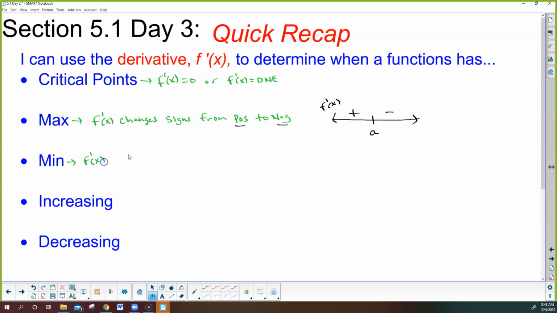So how do I know if a minimum exists? The derivative changes signs from a decreasing function to an increasing function, from negative to positive, right? So I always think of this, maximum went from positive to negative. You can kind of see that there's a maximum here.